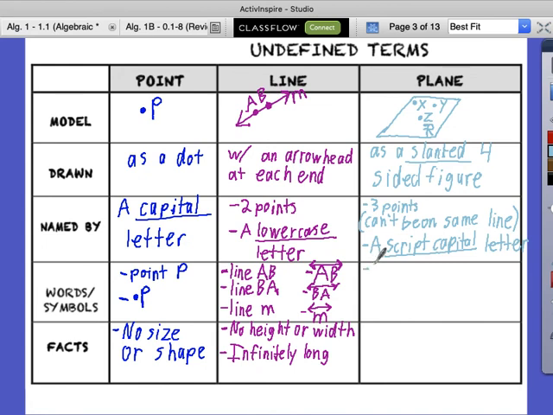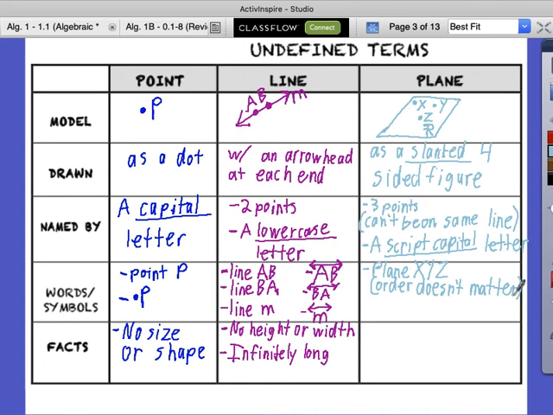So we could do plane, and 3 points we have on this plane that are not in the same line: capital X, capital Y, capital Z. The order does not matter. Just like with the line, you can flip those around.